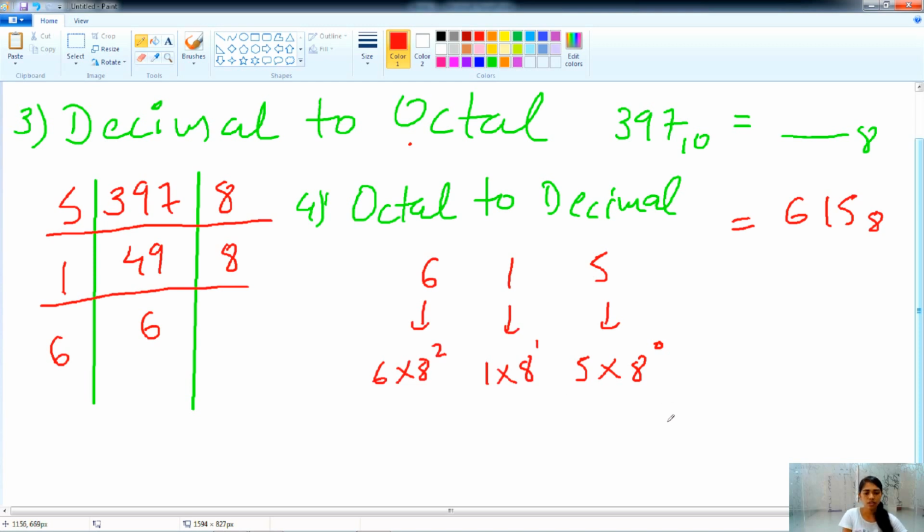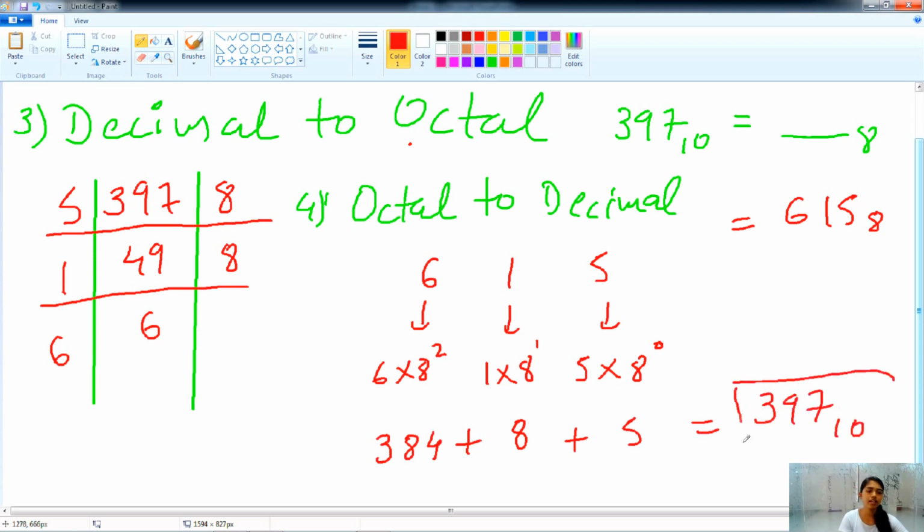We have to add all this. 8 raised to 0 is 1, into 5 gives us 5, plus 8 raised to 1 into 1, so 8, plus 8 raised to 2, that is 64, into 6 gives us 384. Now we add all this and we get 397 as base 10. So finally we have got 397.